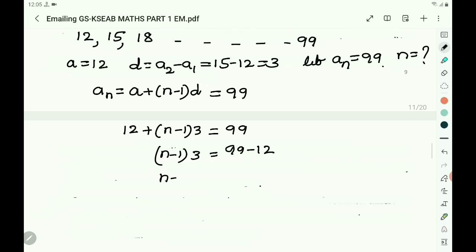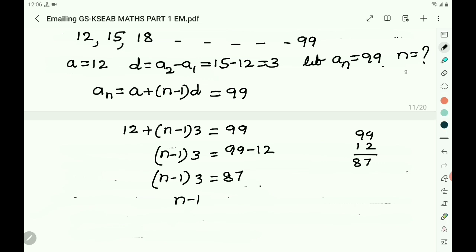Then n minus 1 into 3 equals 99 minus 12. 99 minus 12 is 87.